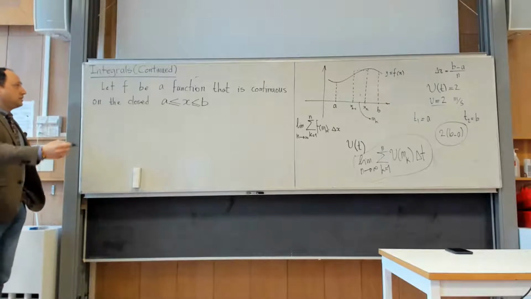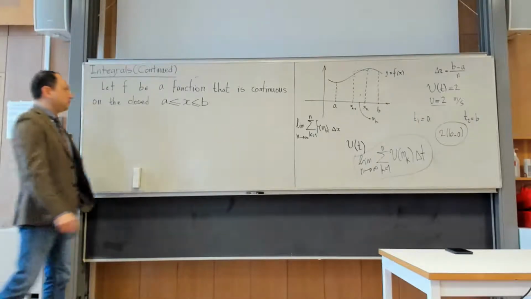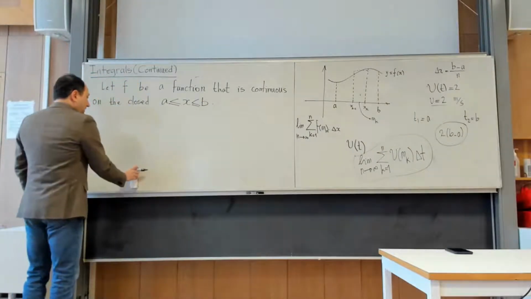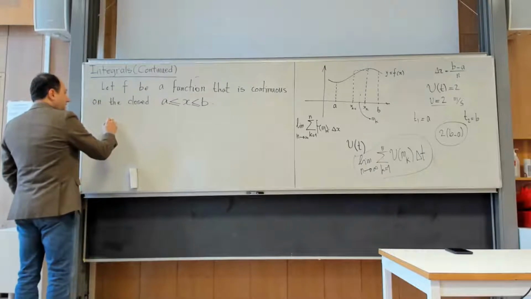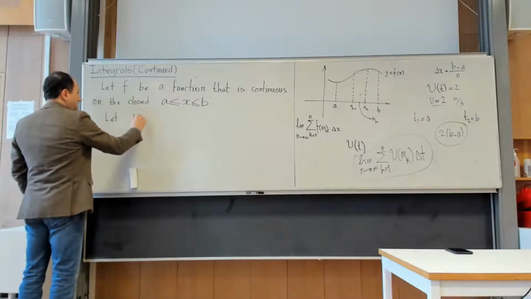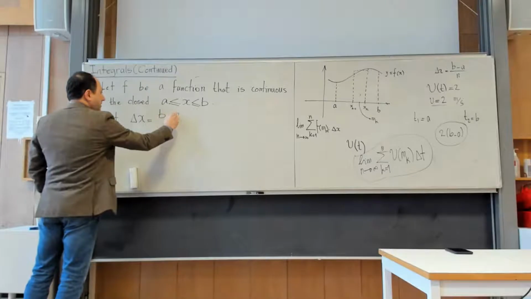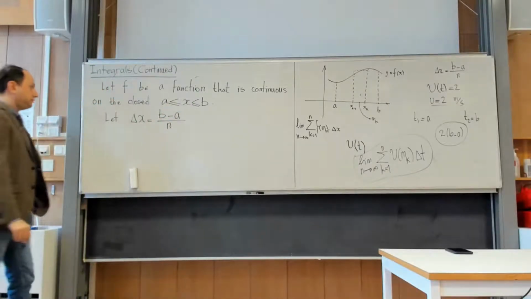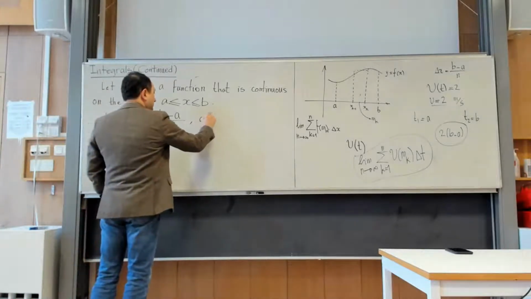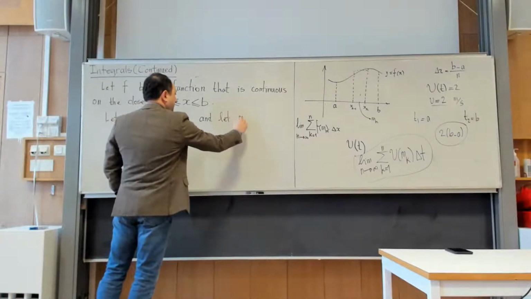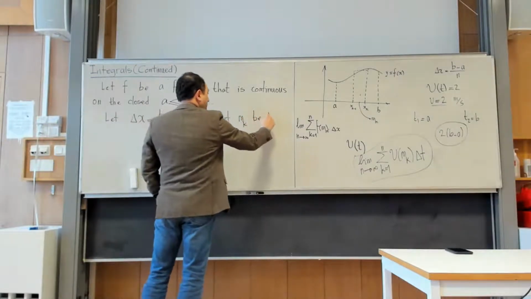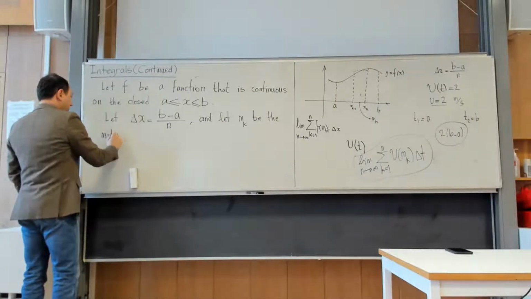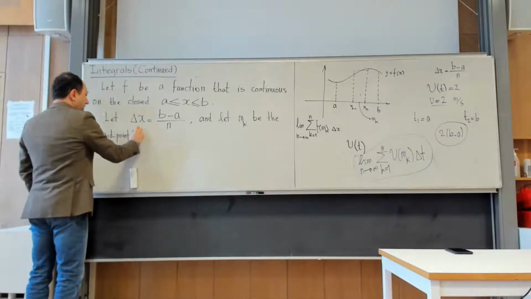So I have a function that is continuous on the closed interval from A to B, including the endpoints. And then I would say that let delta x be equal to the length of this interval divided by n. And let m sub k be the midpoint of the kth interval.